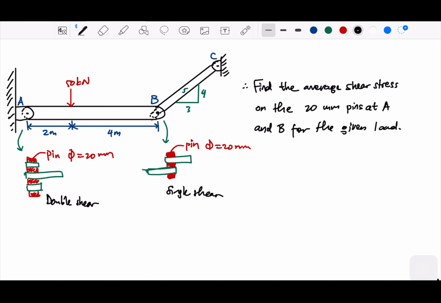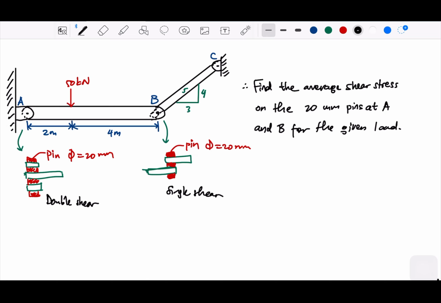And how do we compute that? We see that we still have this member, right? That's the first thing. So this is the statics. You draw the free body diagram, finding the other force here. And then after that, we cut open the A and B, and calculate each shear.